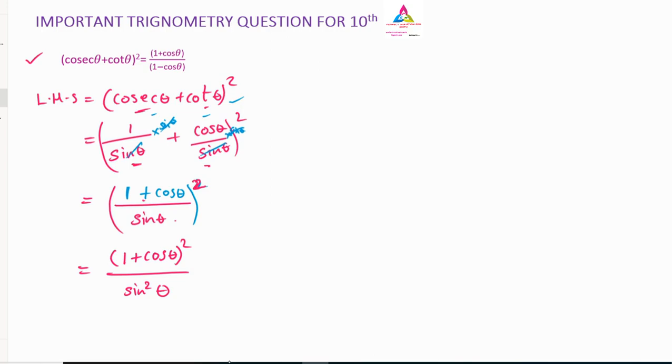So we have taken this square for the numerator and also for the denominator. Now the next part. (1 plus cos theta) the whole square is in the form of what? The (a plus b) the whole square formula. When we have (a plus b) the whole square, we can substitute it in terms of a square plus 2ab plus b square.